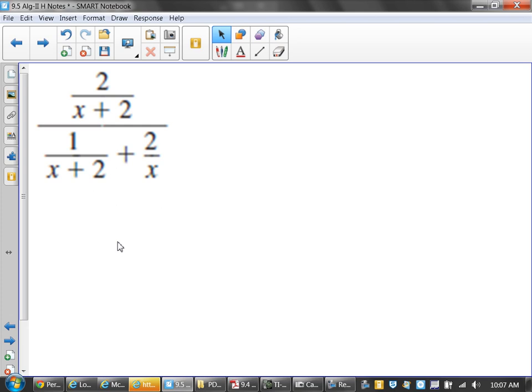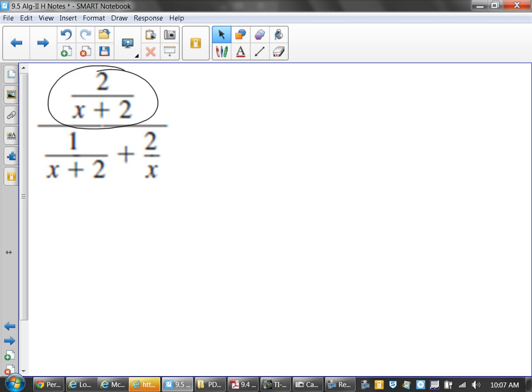All right. Here's what you do. In the first numerator, do I need to do anything? No. There's nothing up there that has to get common denominators. There's nothing up there that can get factored. It's basically leave it alone. What you do is you look at the second one.